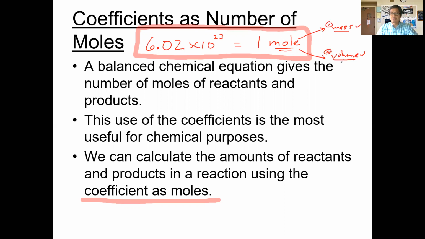We can't measure out moles, atoms, or individual molecules, but we can measure out mass and volume. So the goal in stoichiometry is to obtain information about the mass and volume of reactants and products in a chemical reaction, so that we can weigh out or measure out these masses and volumes in order to carry out the reaction itself. That's the goal, and let's take a look at how we get to that point.